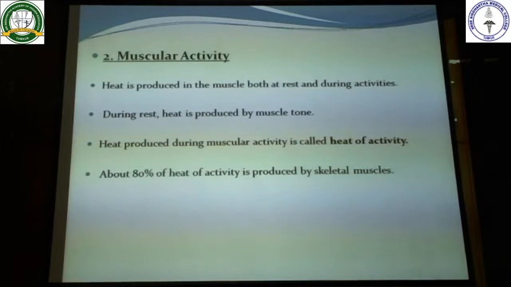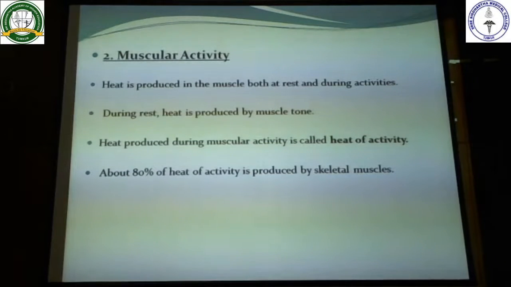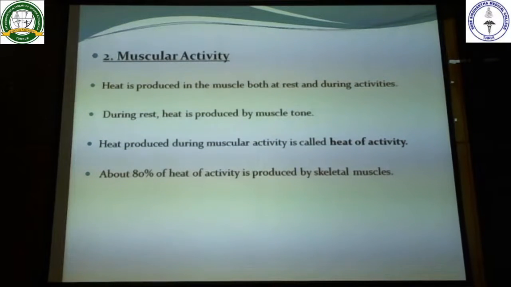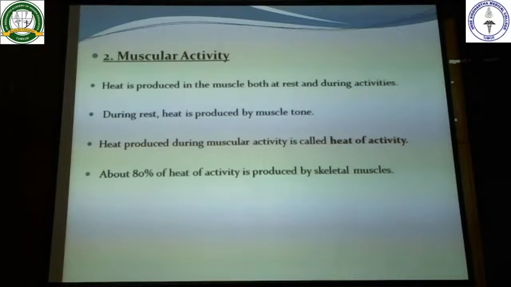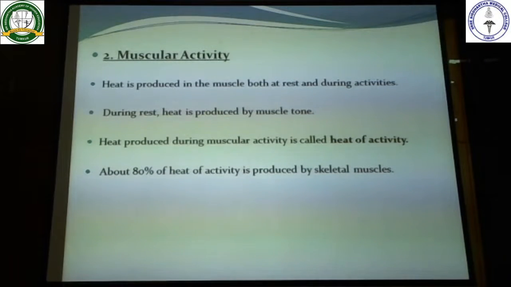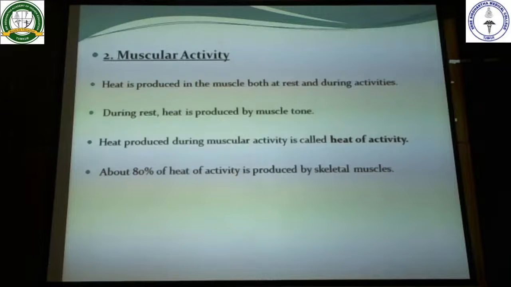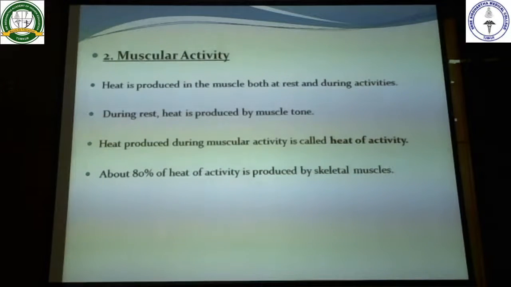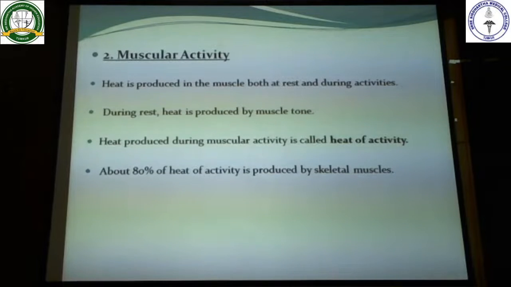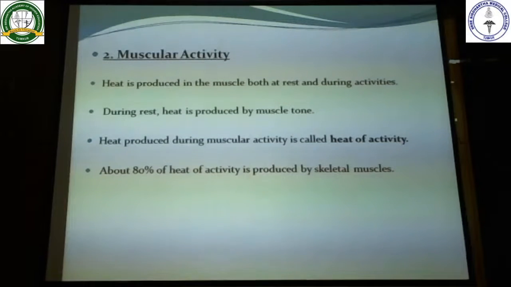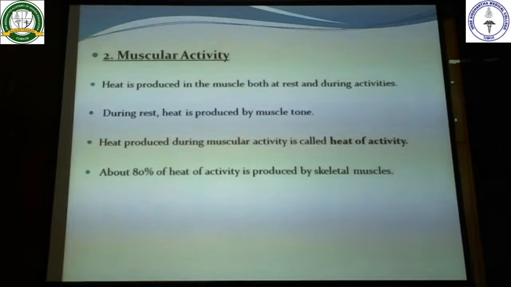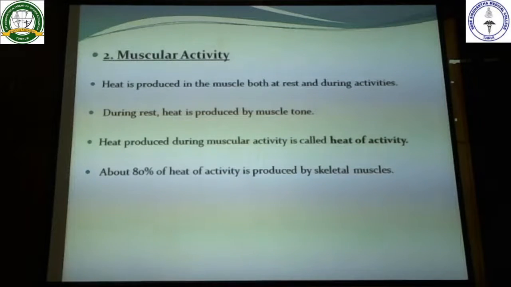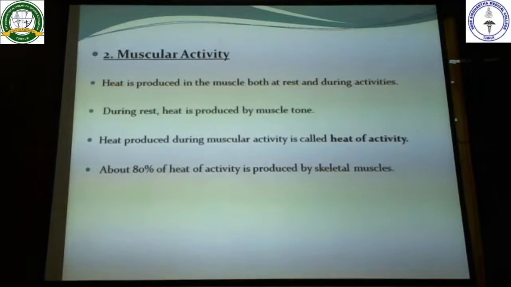Along with that, whenever we do any muscular activity, automatically heat is also going to be generated. Now this heat which is generated during muscular activity is called the heat of activity. And you all know the body has some smooth muscles and some skeletal muscles also. So 80% of the heat is generated by the action of the skeletal muscles.